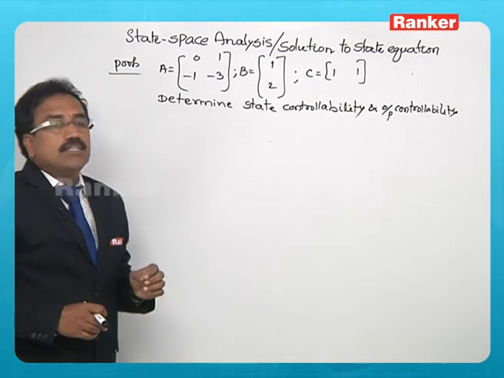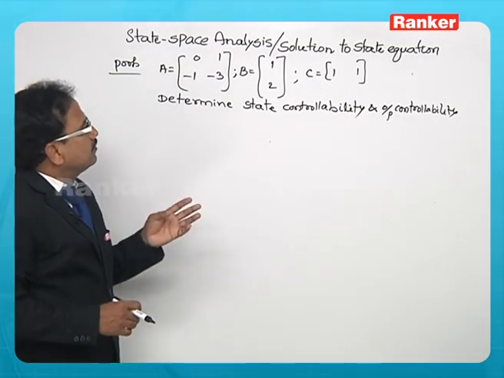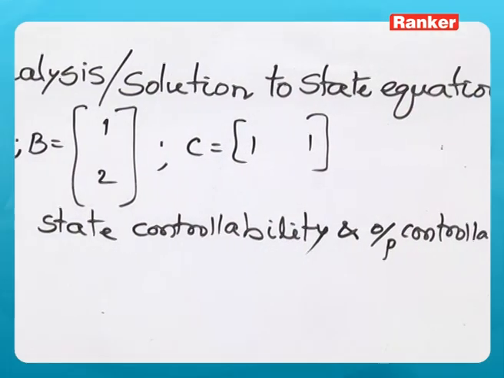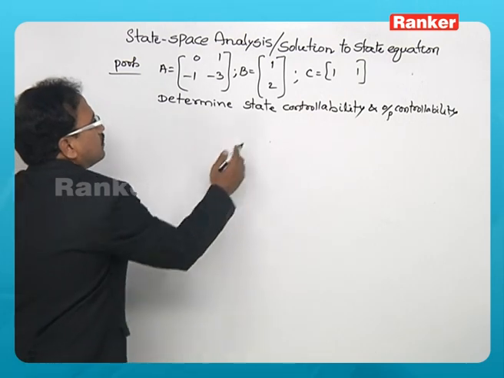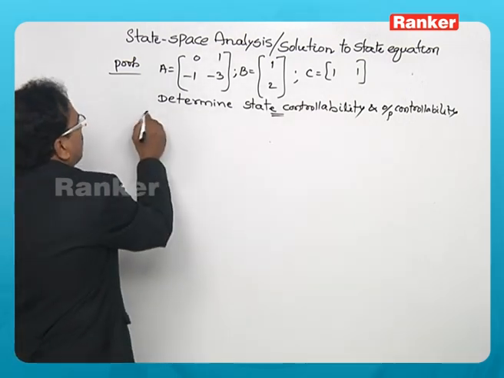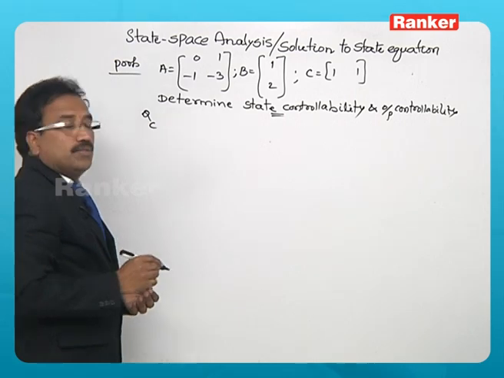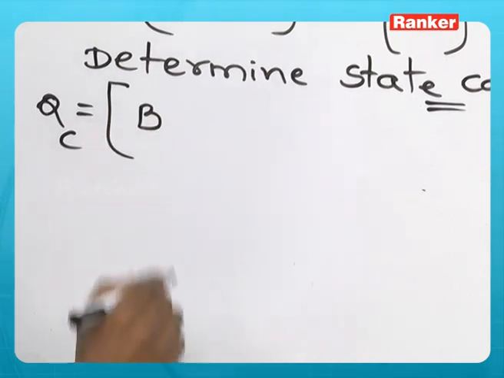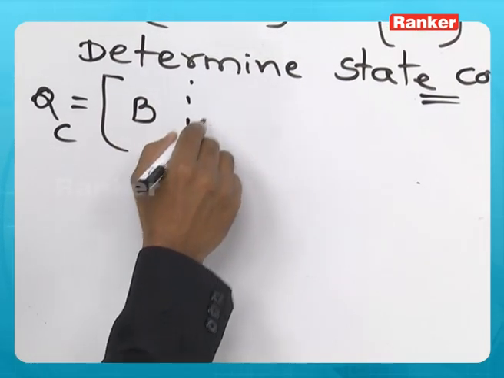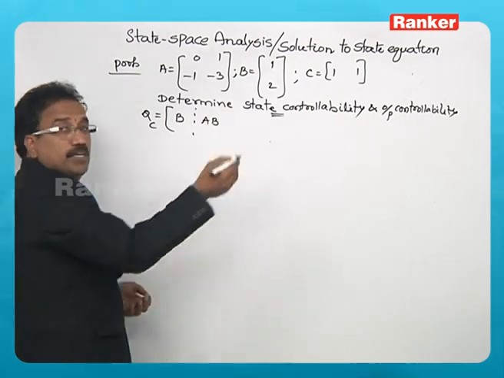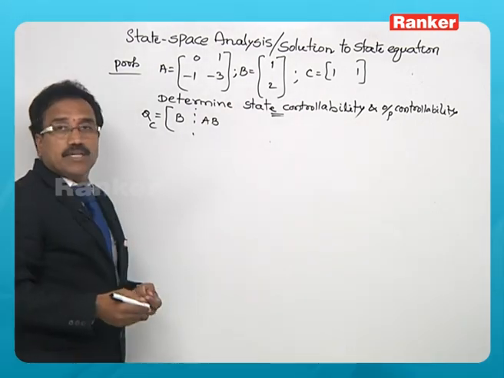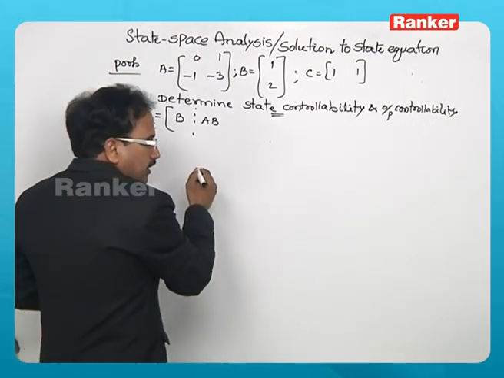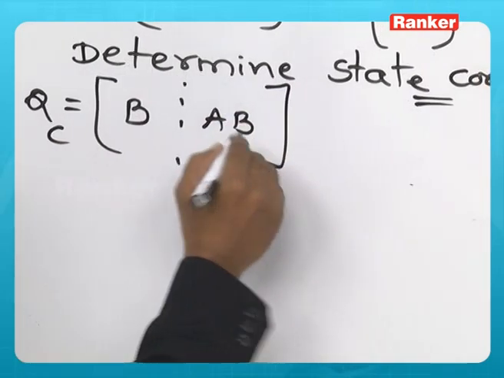So, to check the controllability of the system, there are two things given, one is state controllability and the other is output controllability. For state controllability you need to form the QC controllability matrix, with elements B, then AB and A square B and so on. As this is a 2 by 2 matrix, two components are enough to see the state controllability, B and AB.